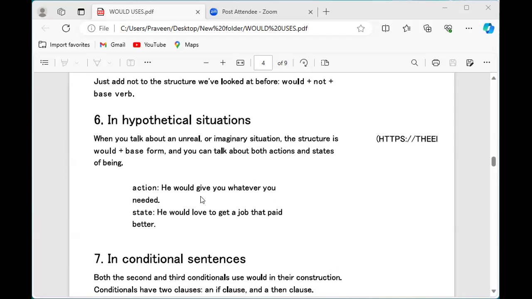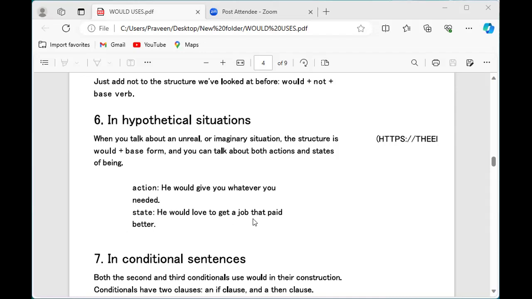He would give, that is the action word. He would give you whatever you needed. This one is action. And the next one, state: he would love to get a job that paid better. That is the state, the condition of that person at that moment.